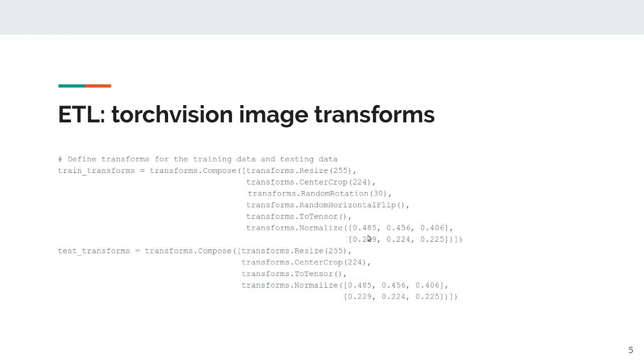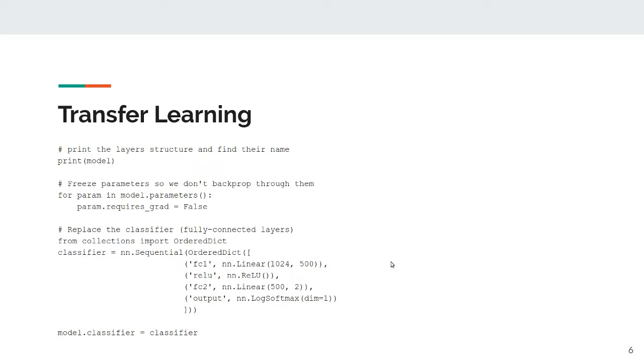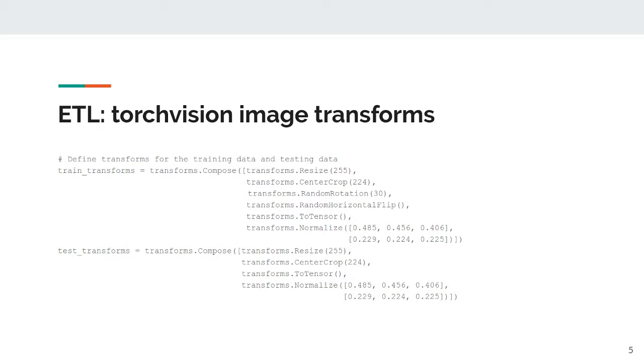The first row is the means, and the second row is the standard deviation for each one of the channels. So we use that for all kinds of images that are similar to the ones in ImageNet. It's a very widely used data set, so it has all sorts of images, so it's very generic.